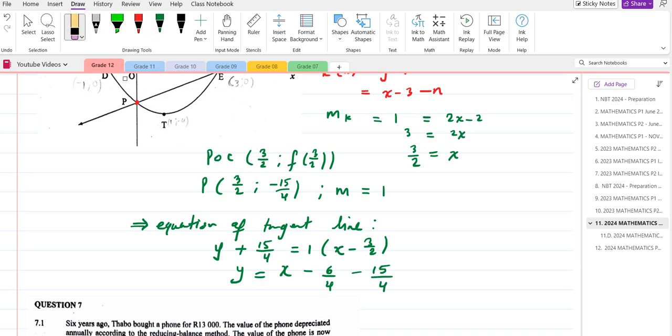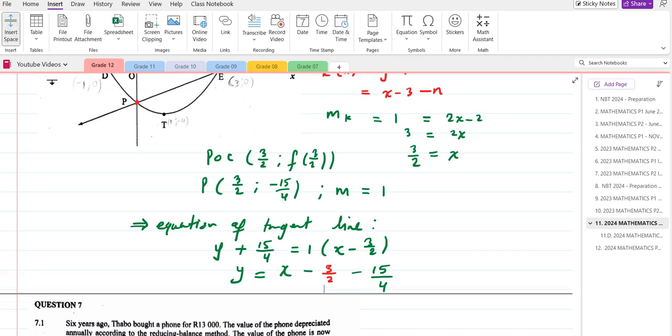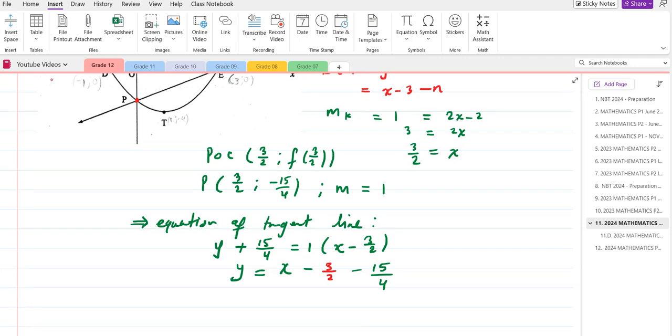Okay, it's fine, leave it as 3 over 2, otherwise you will get confused. Now add up these two terms. Minus 6 minus 15 is minus 21 over 4.